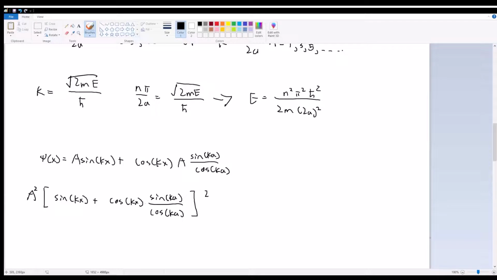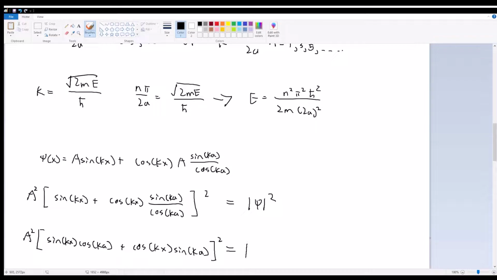From here, I can multiply by cosine ka over cosine ka, and this is going to give me a squared times (sine kx cosine ka plus cosine kx sine ka) squared, and this is equal to magnitude psi squared.